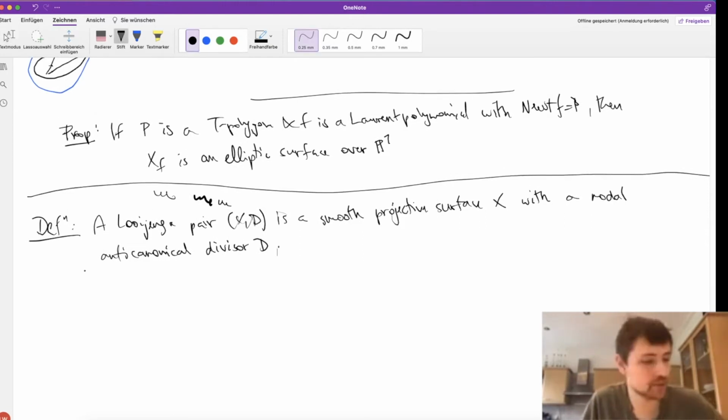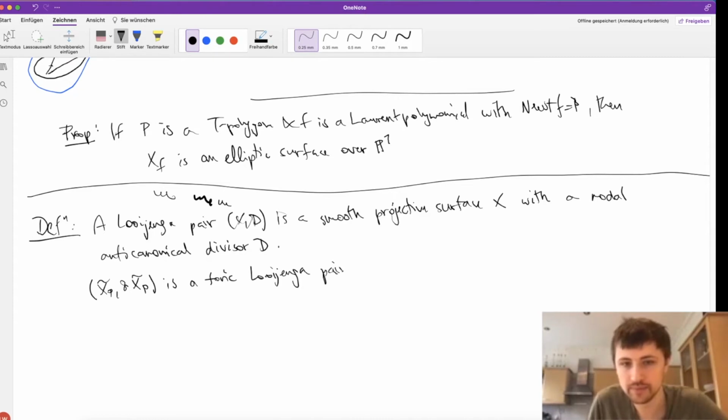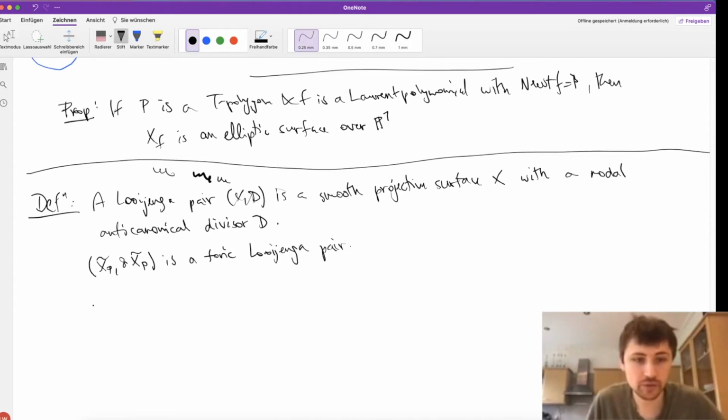And if you have a smooth toric variety and you take the divisor to be the toric boundary, that's an example of a Looijenga pair. So X_P tilde, which is the smooth resolution, is a toric Looijenga pair. And from this, it follows that XF together with the fiber over infinity is also a Looijenga pair.